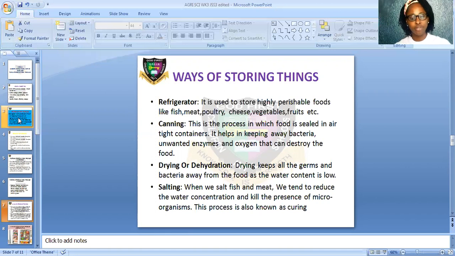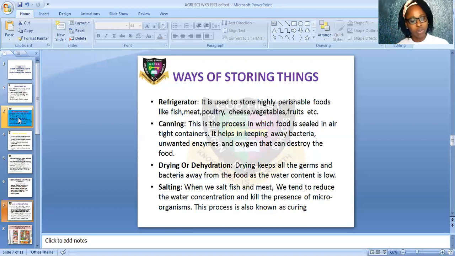Either you preserve them by sun drying, or by smoking them, which is now called smoked fish or stockfish. Once you dry them, the water content is reduced in the farm produce.